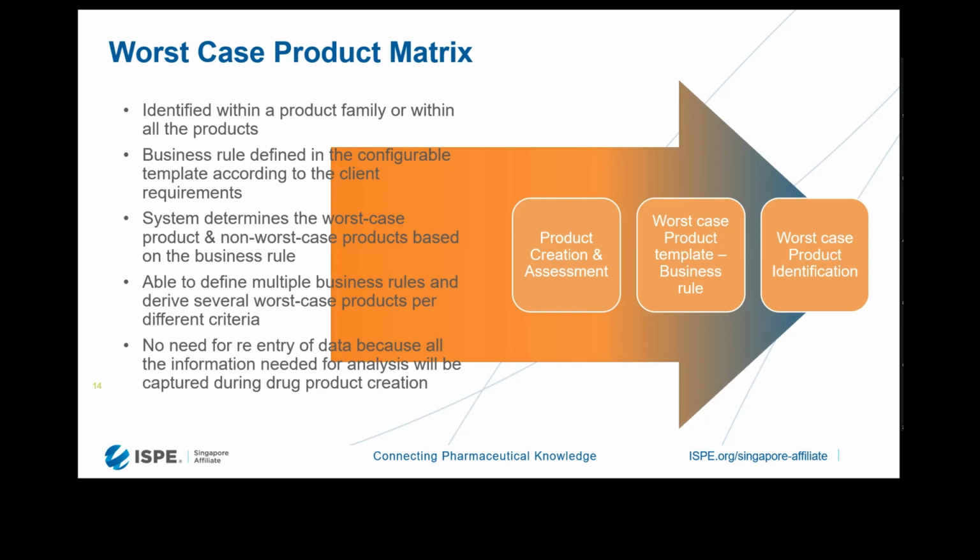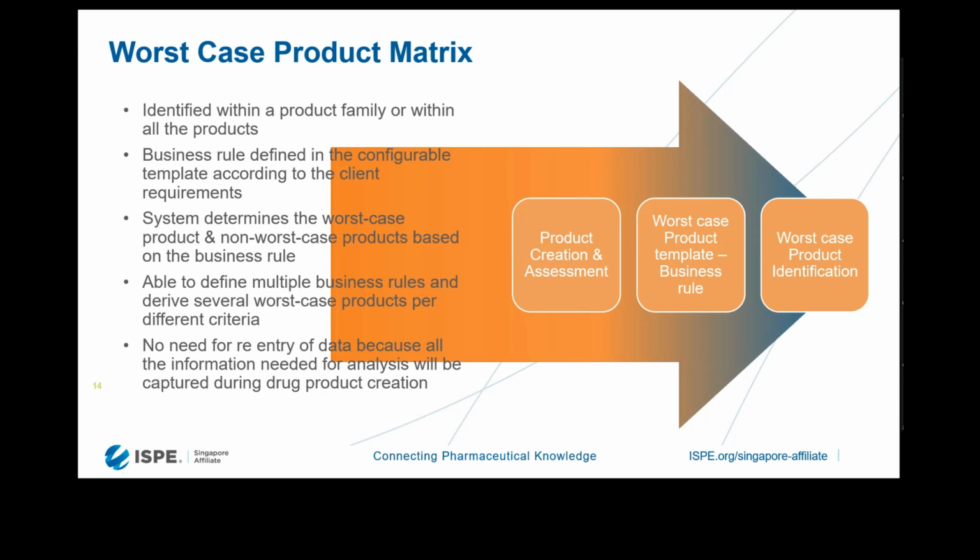One of the business rules would be whether this product's RPN is less than this or more than this, whether it becomes worst case or non-worst case, and exactly what sort of activity needs to happen. The system can guide the user on how to do it and what to do. Ultimately, the goal is to reduce human error, right?